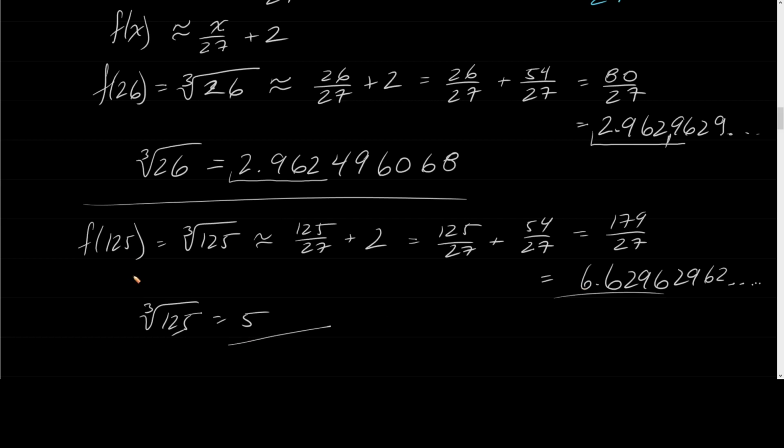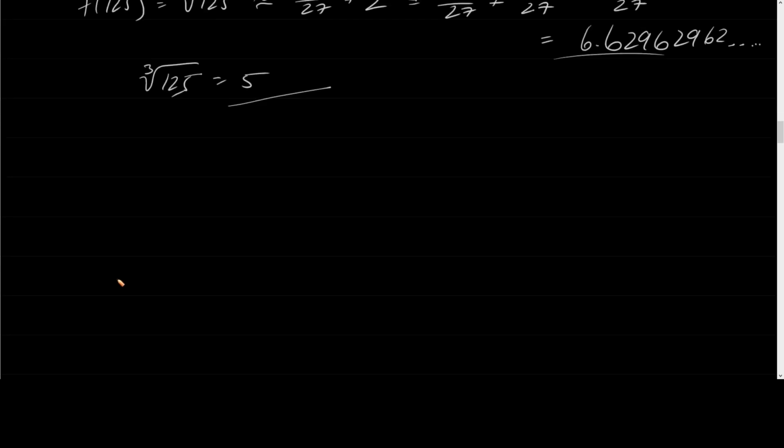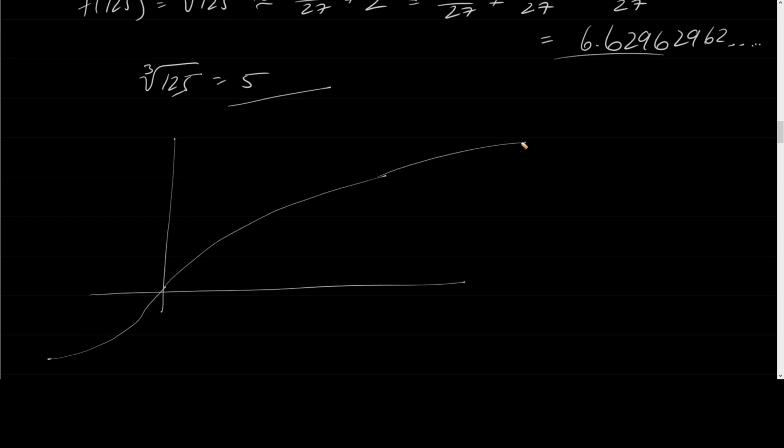And why would it be a bad approximation? Because 125 is pretty far from where we approximated at 27. So visually, what's happening here? Why are they so far apart? If I look at the cube root of x, it looks something like that.